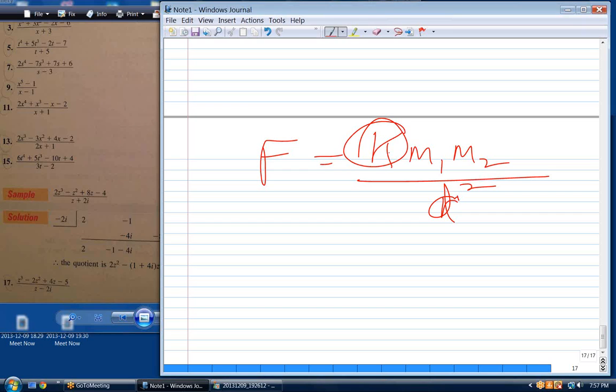In other words, they could give you that as a problem. They might say the force between two objects is directly proportional to the mass of each and inversely proportional to the square of the distance. That's the way I would write that.